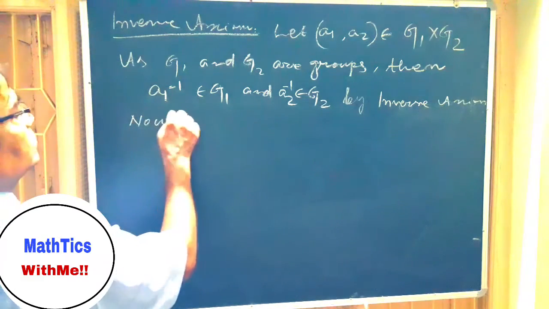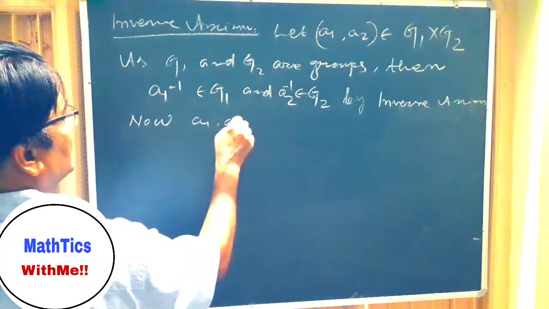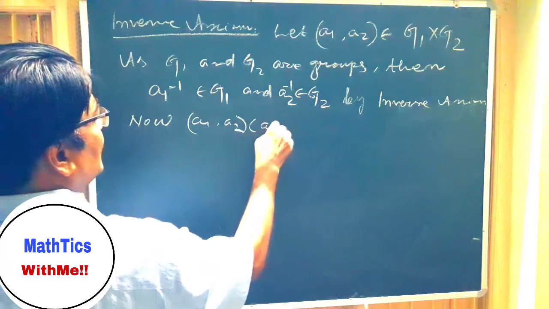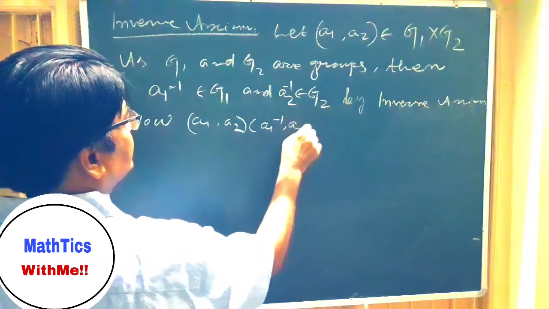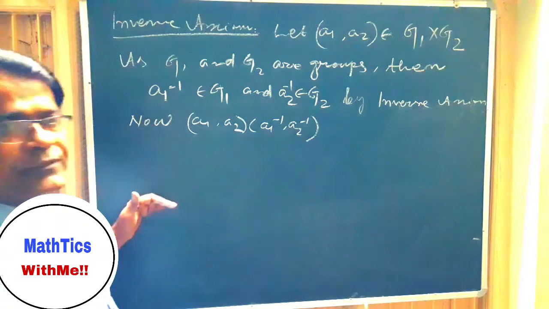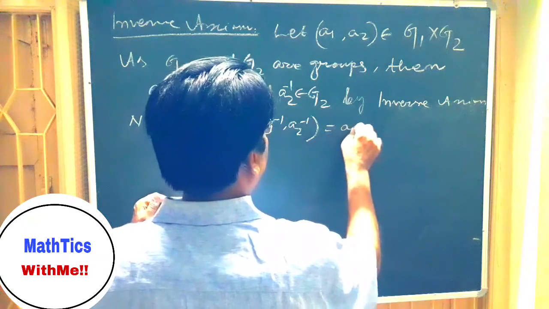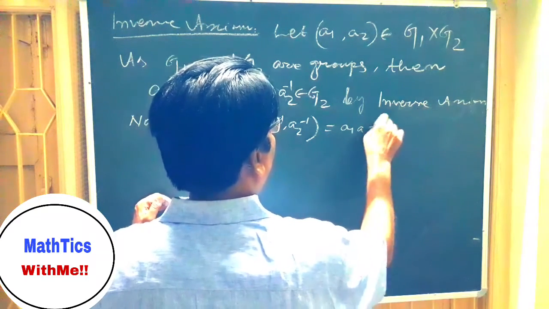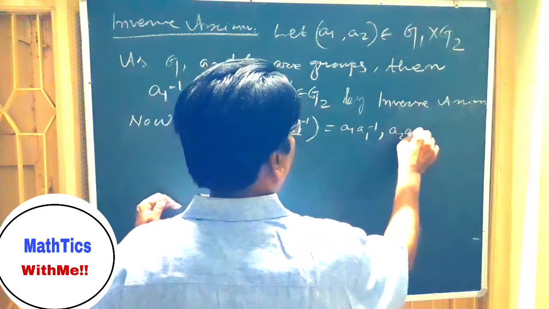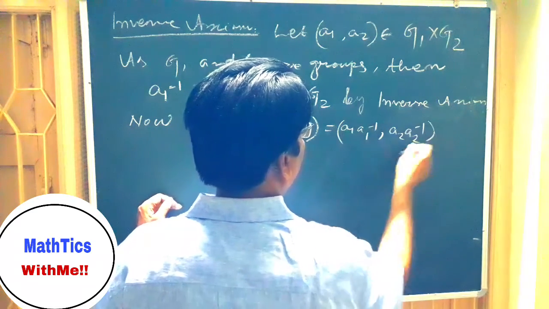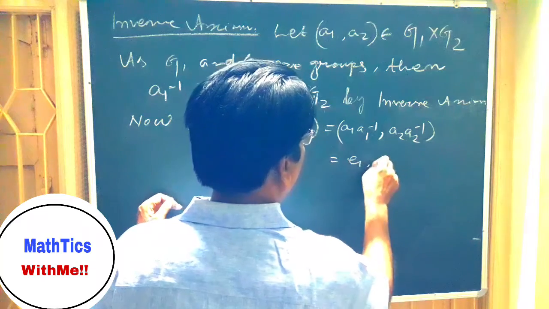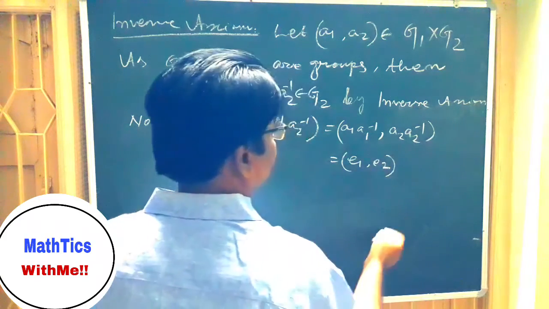Now let us start the product. (a1, a2)(a1 inverse, a2 inverse).